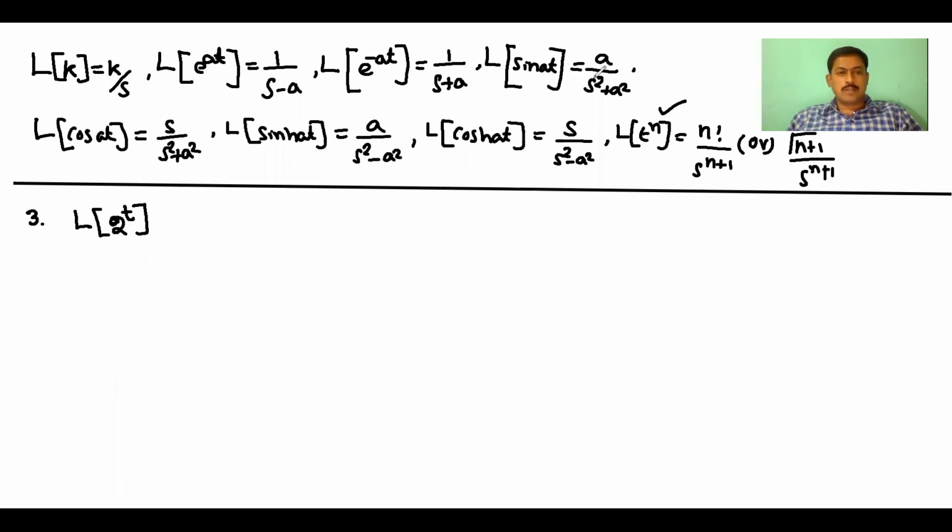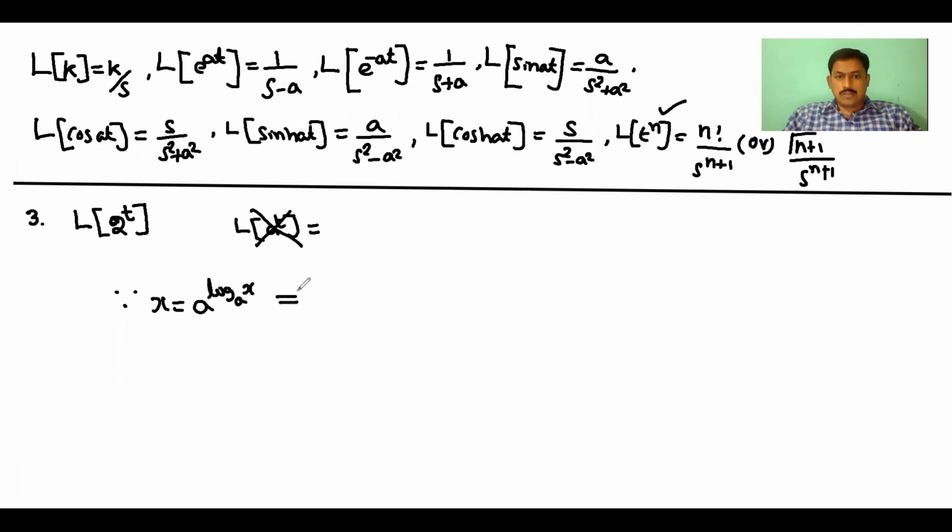Now we are going to see problems that are not exactly given as a formula, but we have to reduce them into the formula form. L of 2 power t. There is no formula for L of a power t. We are going to use the logarithmic property, since x can be written as a power log x to the base a.